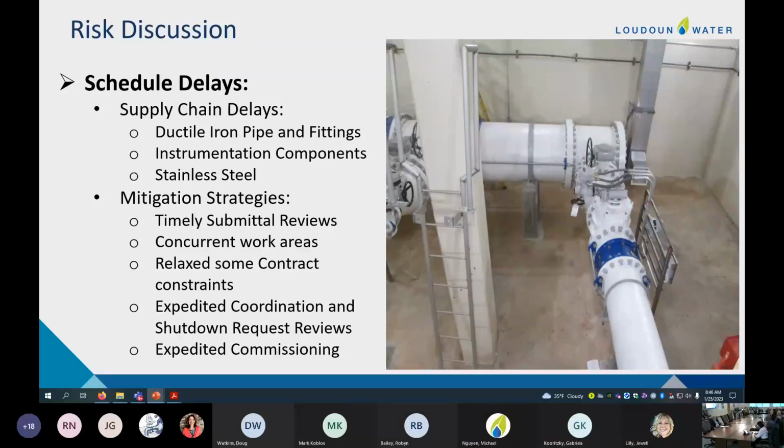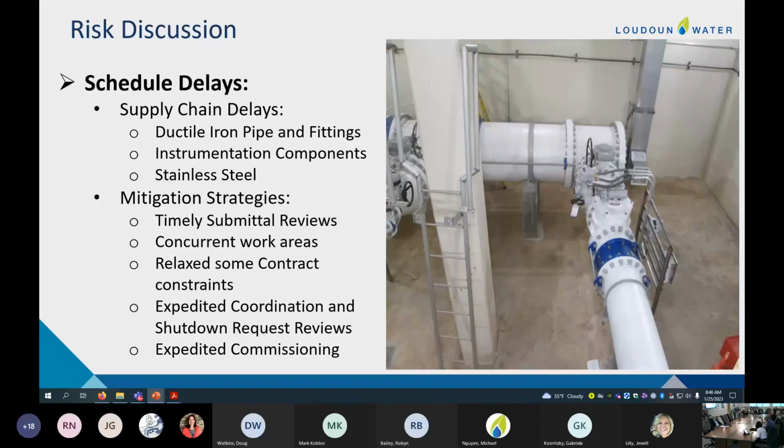Okay. So I just have one question. How do you staff this project? Do you have folks on site 100% of the time? We do, yeah. There's one other Loudon Water person who is generally 175% or so on the project. And then we have a team from Hazen who is providing the construction administration services, and they have several full-time personnel on the project.